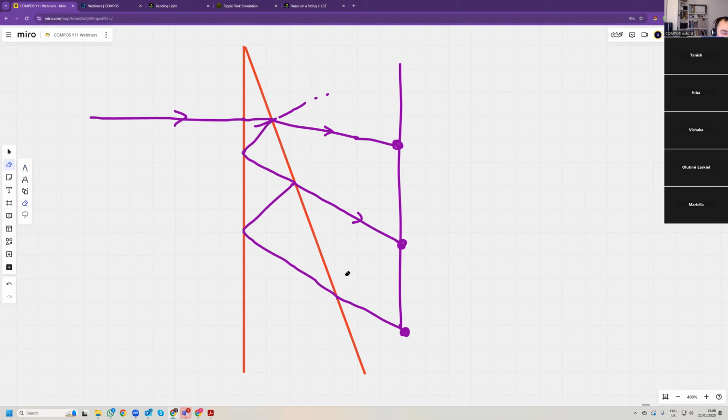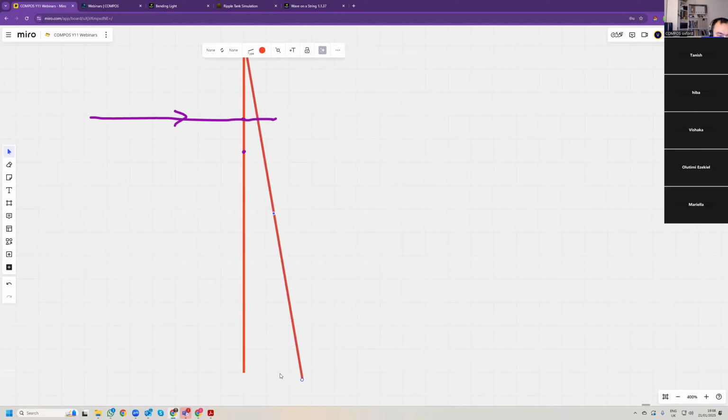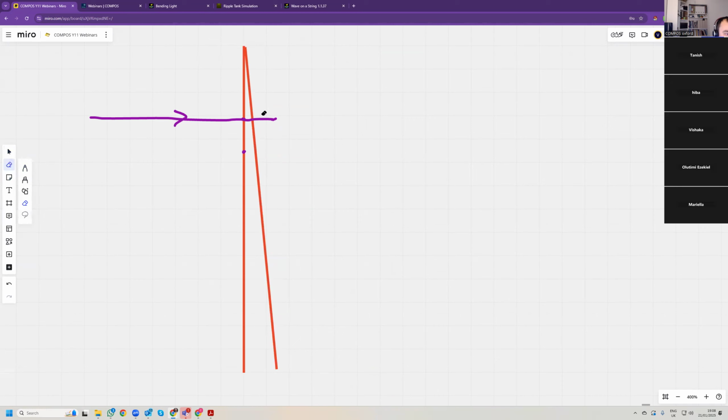So this is how it goes. Let me try to change this angle a little bit, because that seems excessive. Okay, so with a shallow angle, it goes like this.